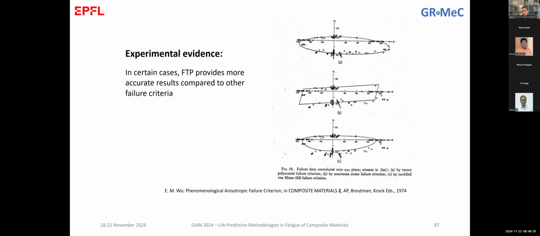And the third one is a modified von Mises and Hill failure criterion. If we observe these three plots, I would easily say that the first is the most appropriate. This ellipse defined by the failure tensor polynomial is the most appropriate to simulate this data set. So this is how we can evaluate the selection, or the potential of failure criteria to estimate correctly the material behavior.